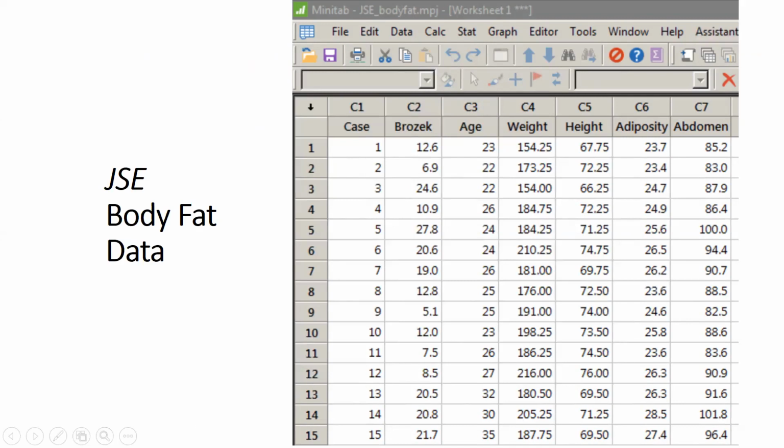a multiple linear regression, and the example I've decided to use is from an archive maintained by the Journal of Statistics Education. And that archive has some things in it that are getting a little old now, but they're presumably real data and they can be used in classrooms. And this is certainly one of my favorites.